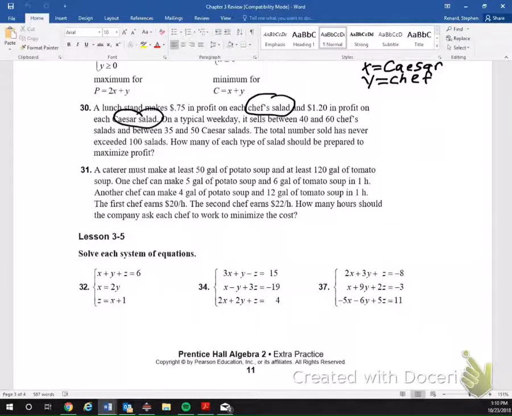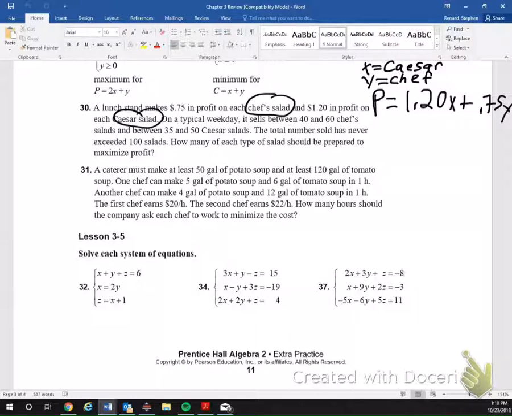Does that make sense? So then they just gave me my objective function, my profit function. The amount of profit I make is on each Caesar salad, I'm going to make $1.20. And on each chef salad, I'm going to make 75 cents. So that's my profit. That's my objective function right there.